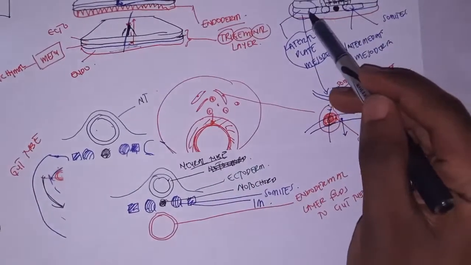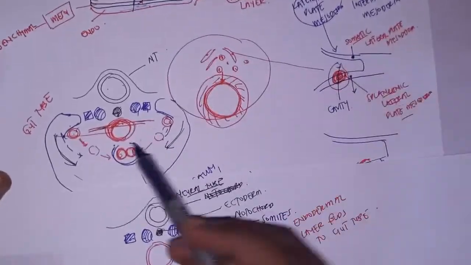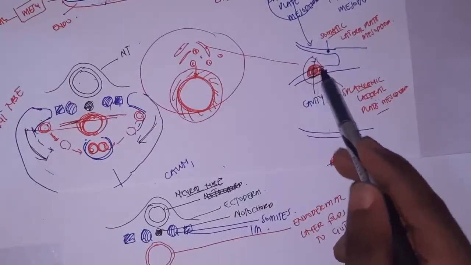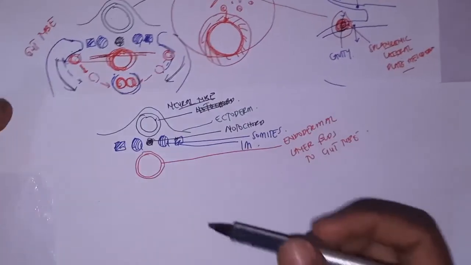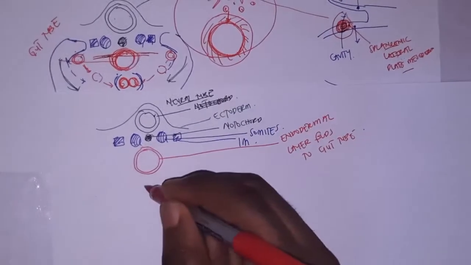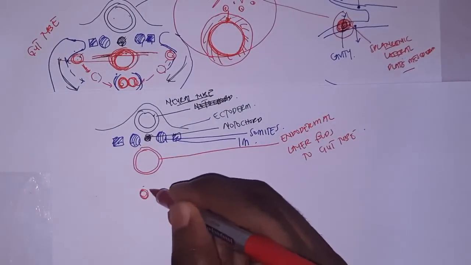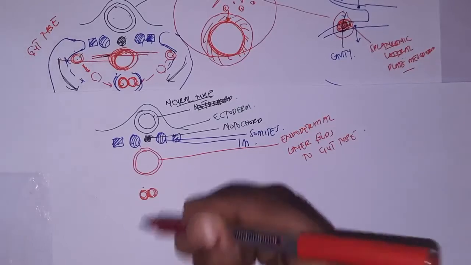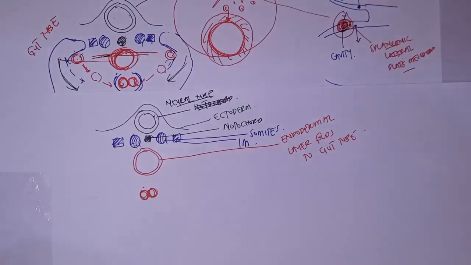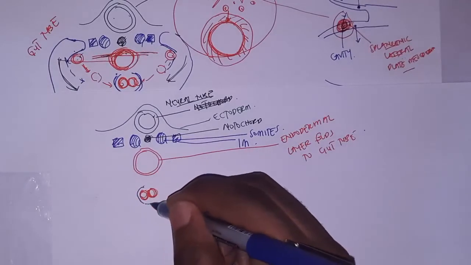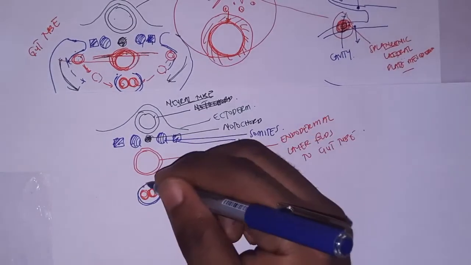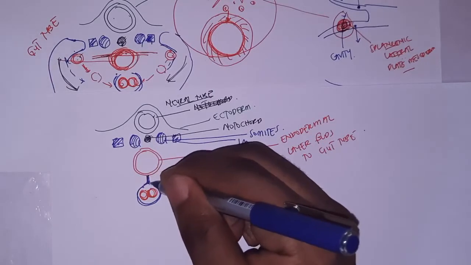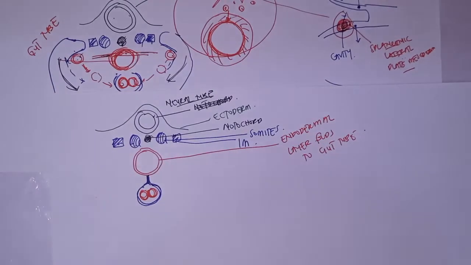And this thing by the side, which contained the primitive heart tube, has also folded, right, to now lie at the center. And it's enveloped by the splanchnic lateral mesoderm, which is also attached to this tube here.